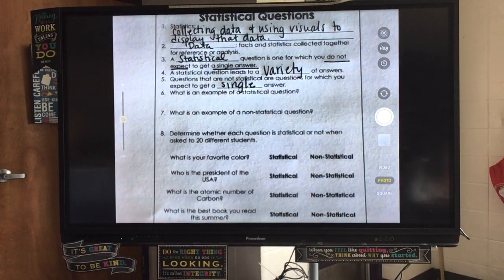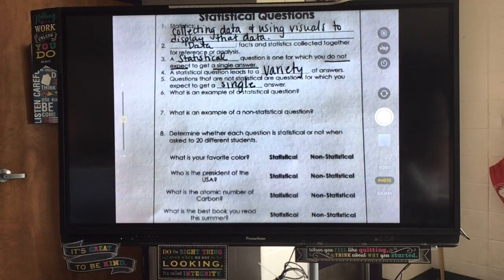Alright, so what is an example of a statistical question? Quite a few of you struggle with this. I felt like you guys used non-examples yesterday when you were doing your cool down. Again, when you're thinking about these, you want to get a variety of answers. Alright, Lily, what's an example? I was gonna say what students in your classroom's favorite ice cream type is.